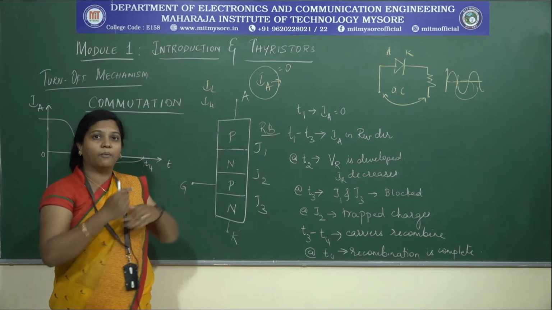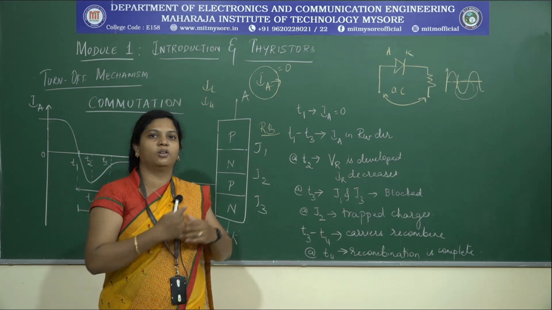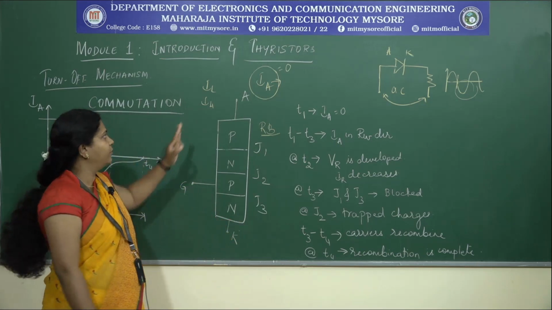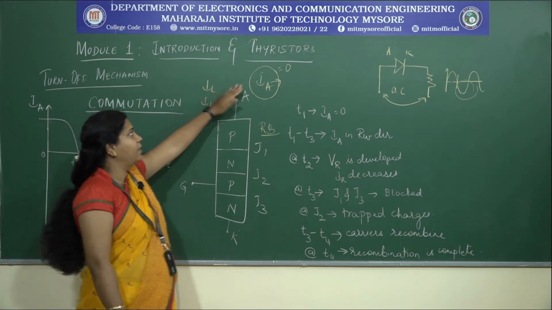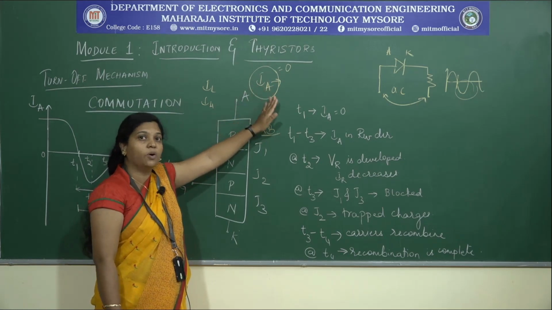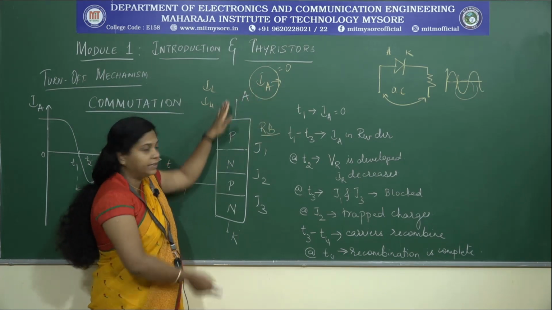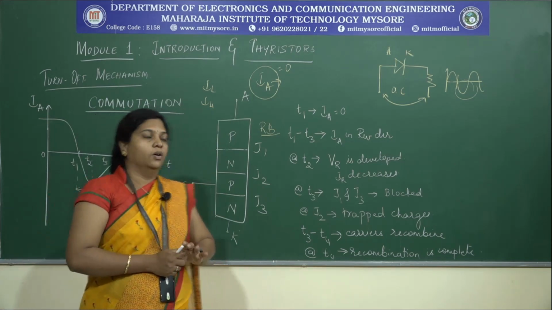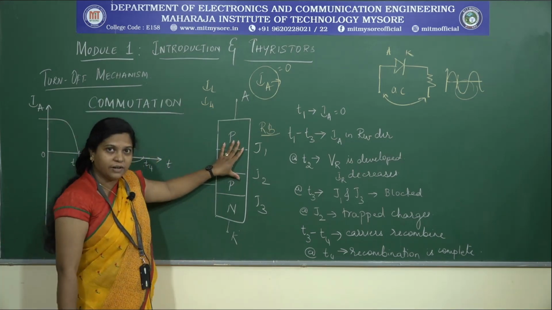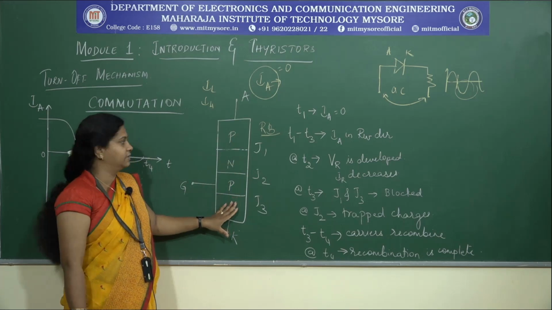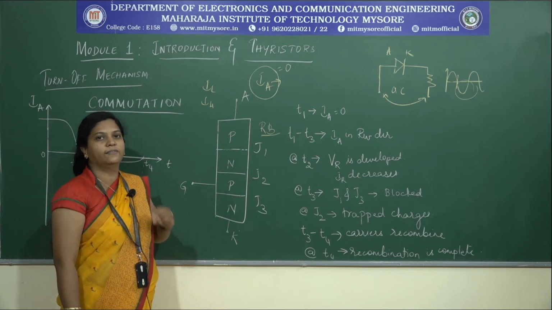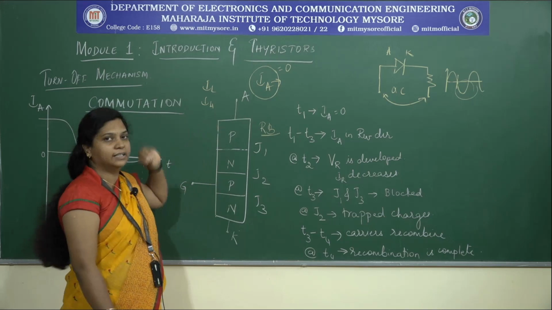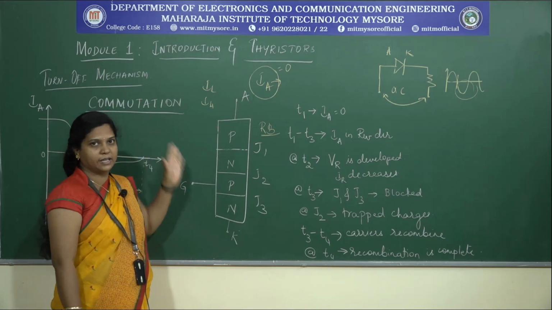In order to avoid that false turning on of the thyristor, we have to ensure that the anode current is completely 0. Along with this, the voltage also is reduced or 0. Only if the voltage is also reduced within these layers are we going to achieve the turning off. Commutation is achieved.